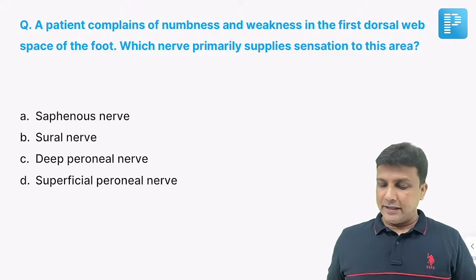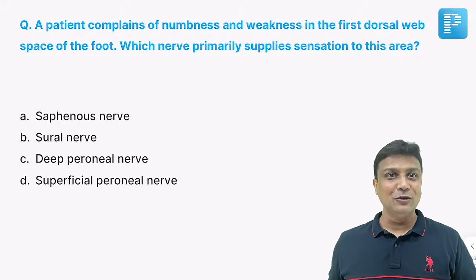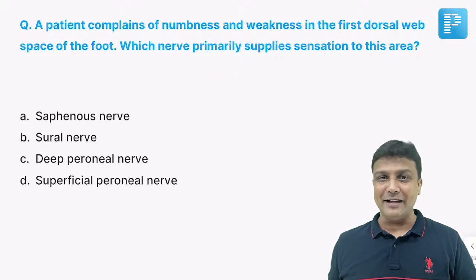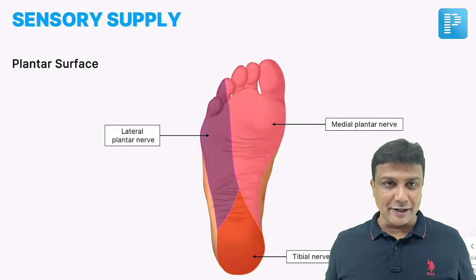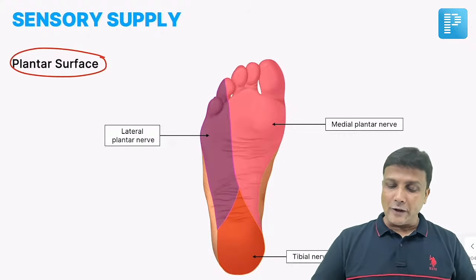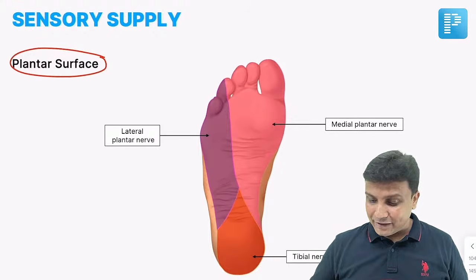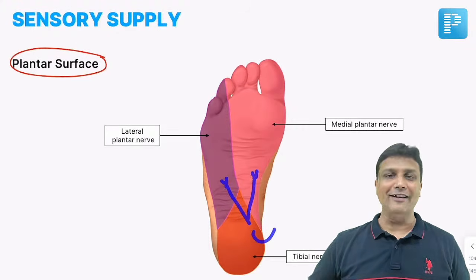A patient complains of numbness and weakness in the first dorsal web space of the foot. Which nerve primarily supplies the sensation to this area? Now, look at this diagram here. In this diagram, this one is the plantar surface. ऑलरेडी मैंने आपको बता रखा है कि टिबियल नर्व यहाँ पर टर्न होती है और डिवाइड होती है लेटरल प्लांटार और मीडियल प्लांटार नर्व में.